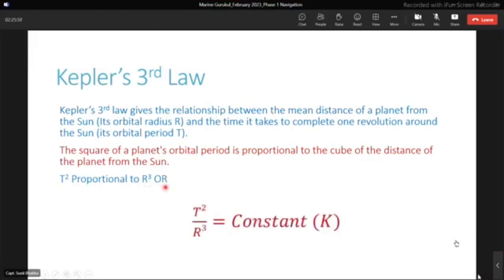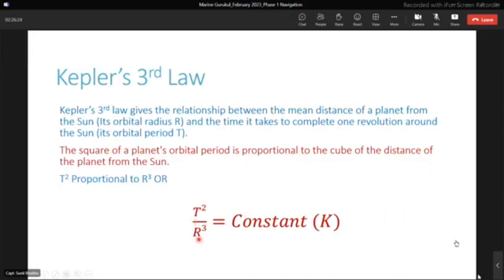It can be denoted in this particular relationship: T square upon R cube is constant, which can be considered as K. T is the orbital period of a planet. Let's say, for example, if you take the case of the Earth. In the case of Earth, the orbital period is 365.25 days.